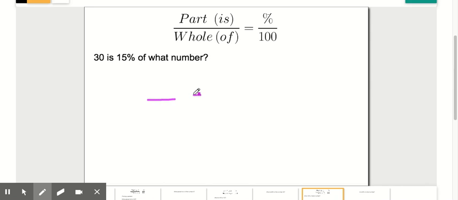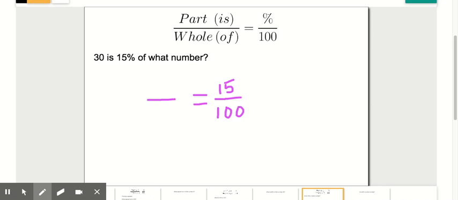In this case, we're looking for 15%. I always look for that percent first because it's the easiest thing to do, and it gives me a whole side of the proportion to fill out.